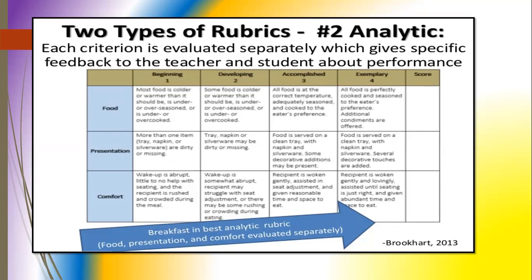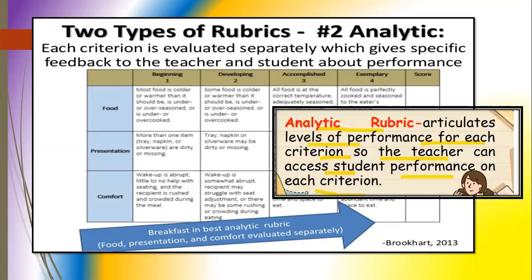This is the same rubric that we used in the holistic one for breakfast, but now in analytic form. Here you can see food, presentation, and comfort evaluated separately. When we say analytic rubric, it articulates the levels of performance for each criterion, so the teacher can assess students' performance on each criterion. So that is the analytic rubric.